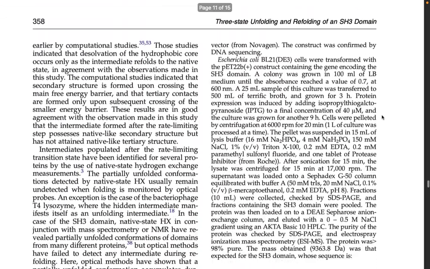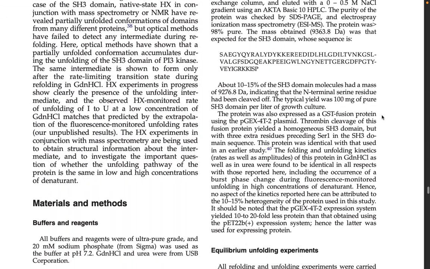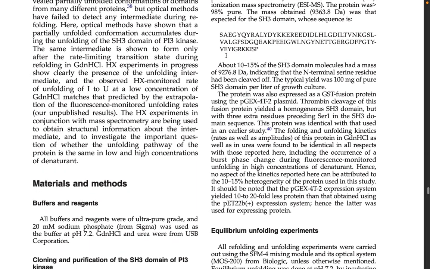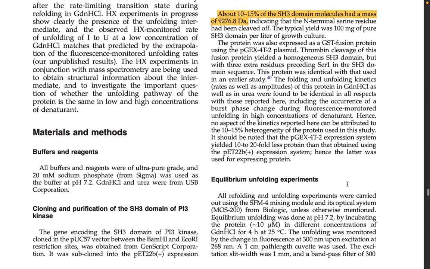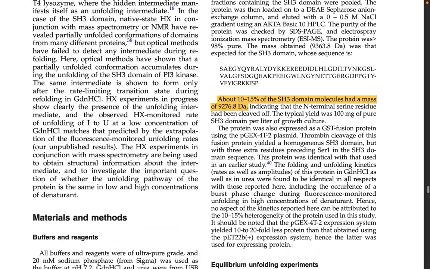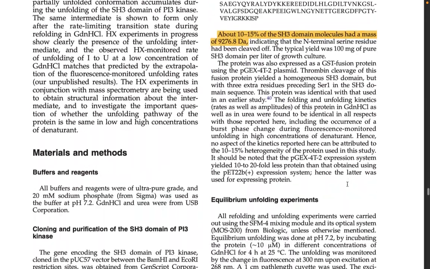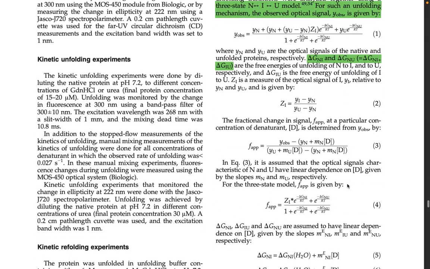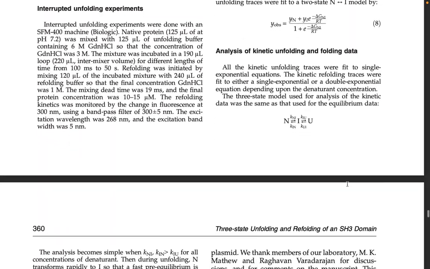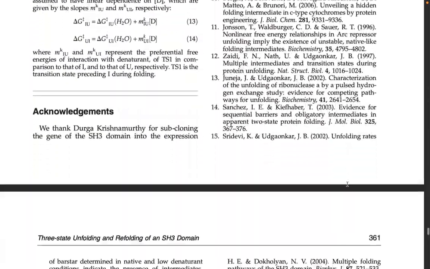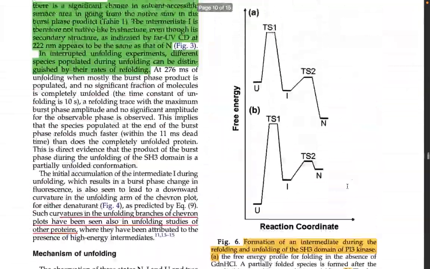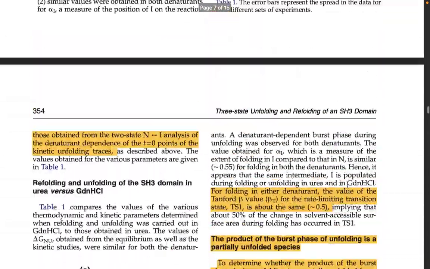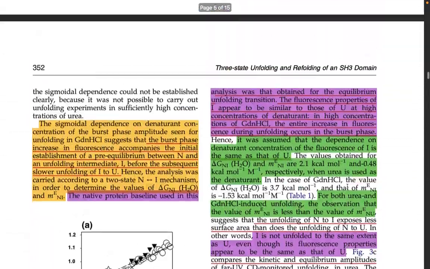So, essentially the take home message is the protein unfolds and refolds in a 3-state manner. Now we need to connect it with what happens when monitored at different wavelength.